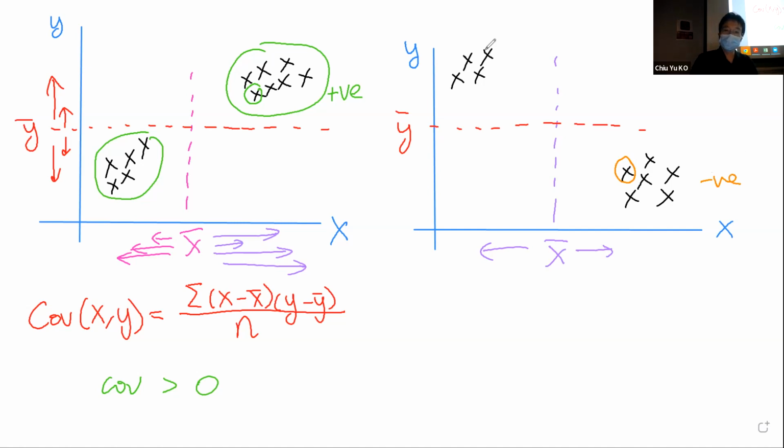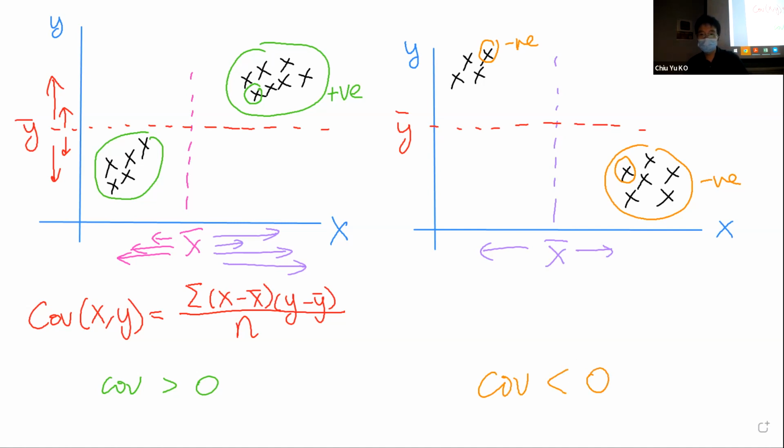The same goes for all of these. The similar case you can see here, but with x and y swapped. For this one, x is below the x bar and y is above the y bar, so it's negative times positive, which is also negative. So every entry is negative, and you can see the covariance is negative.